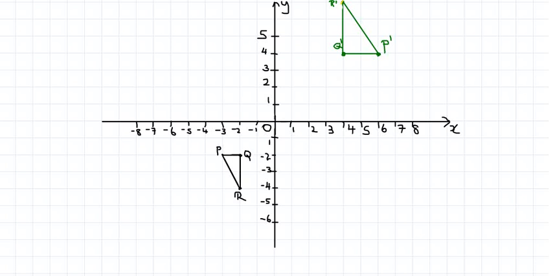Anybody here recalls from last week what the line y equal to minus x looks like? Straight through the middle of the graph.